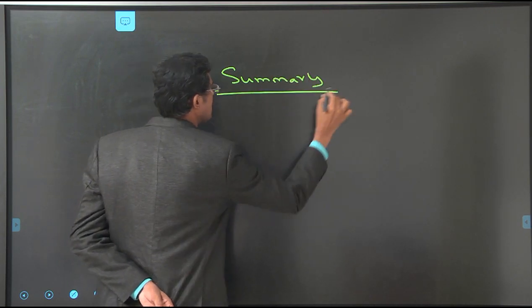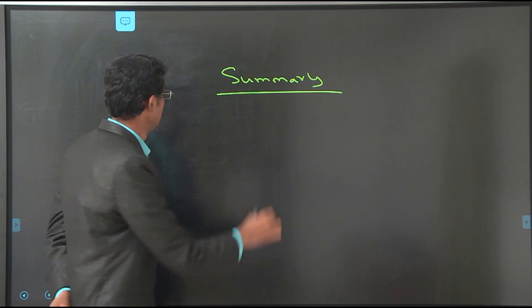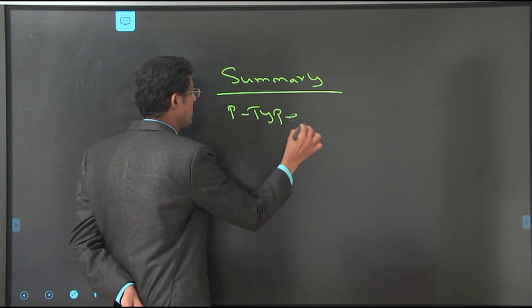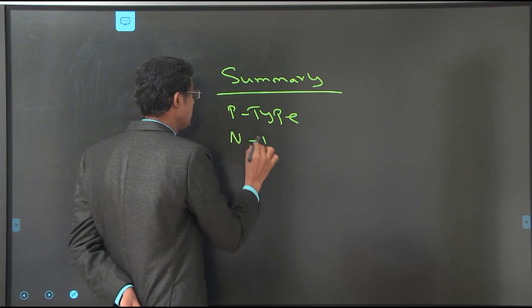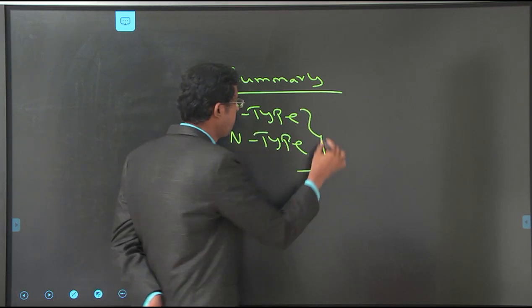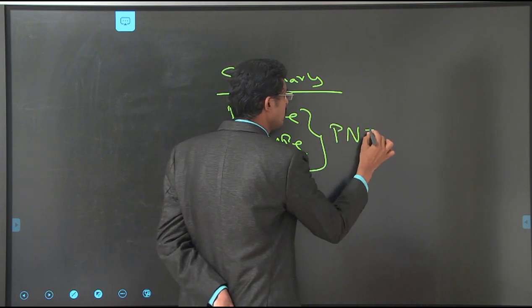The summary. So in this class we have talked about P-type and N-type, and then we combined both to form the PN junction.